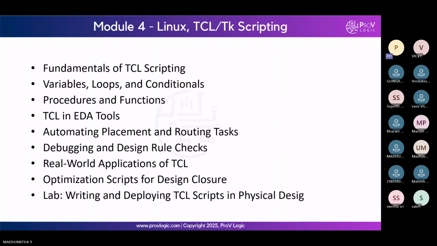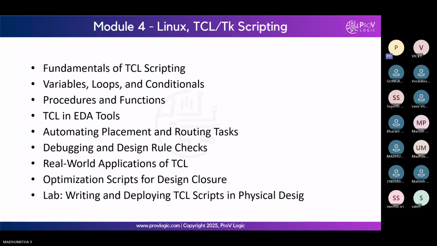Next is how to write ECOs. The tools will generate the ECOs. We don't write the ECOs manually. Tempus and PrimeTime will generate the ECOs. If some parts are not fixed in ECO, then we will manually write the ECOs for some timing parts alone.